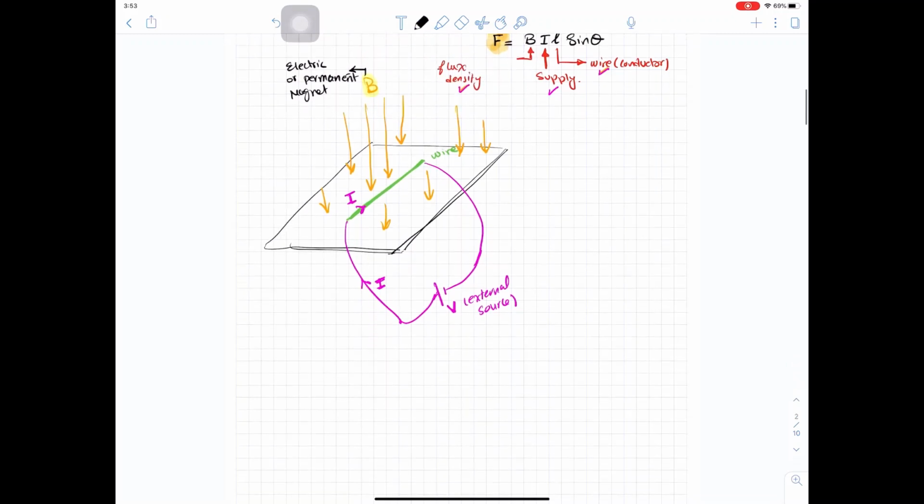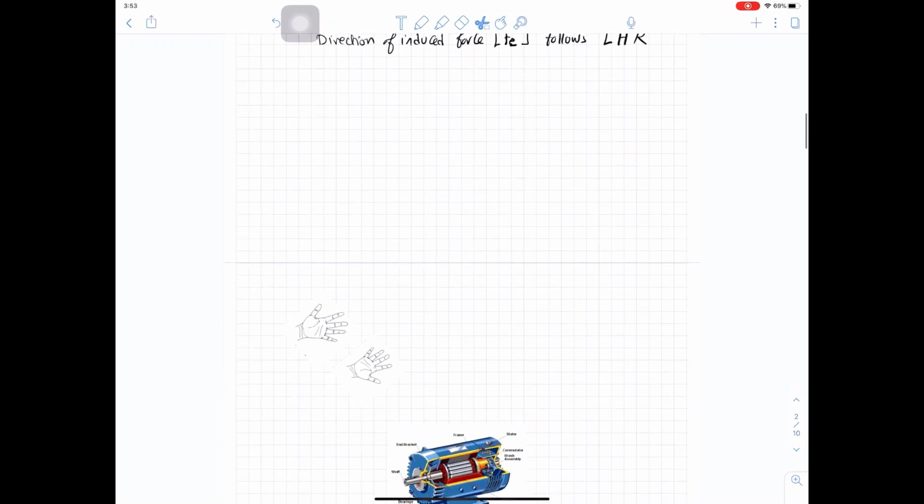Okay, so the direction of induced force, and we can call it F electric because this force is induced due to the electric effect. The direction of the induced force follows the left hand rule. So what is the left hand rule? Just I will bring my left hand.